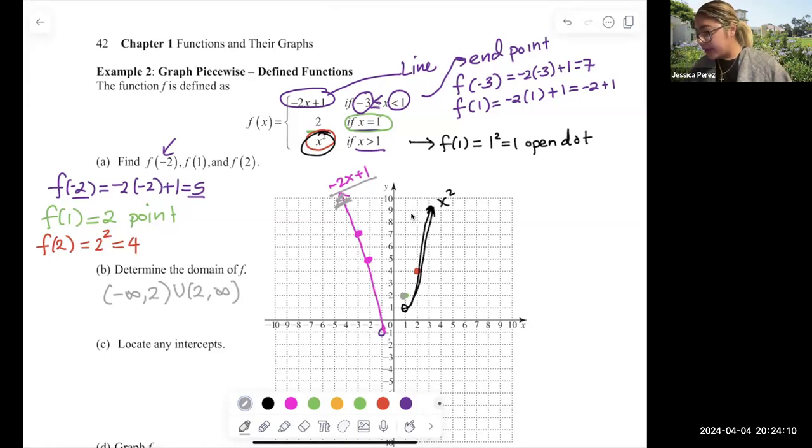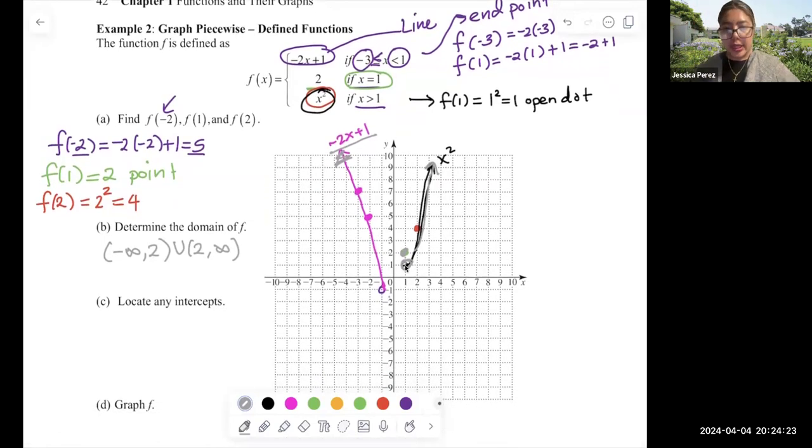I have to be careful because you don't start right here. See how it stops here at 2 and then it picks it up again all the way to infinity. So you're not lowering down this x, because you already started from -infinity and then you go all the way to 2 for your x. Okay, so -infinity to +infinity, but there's a gap right there. There's a jump discontinuity. See how they're all separated?